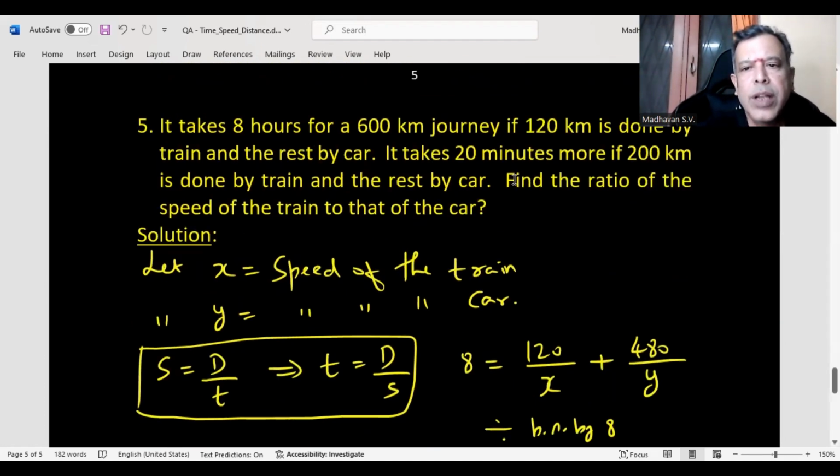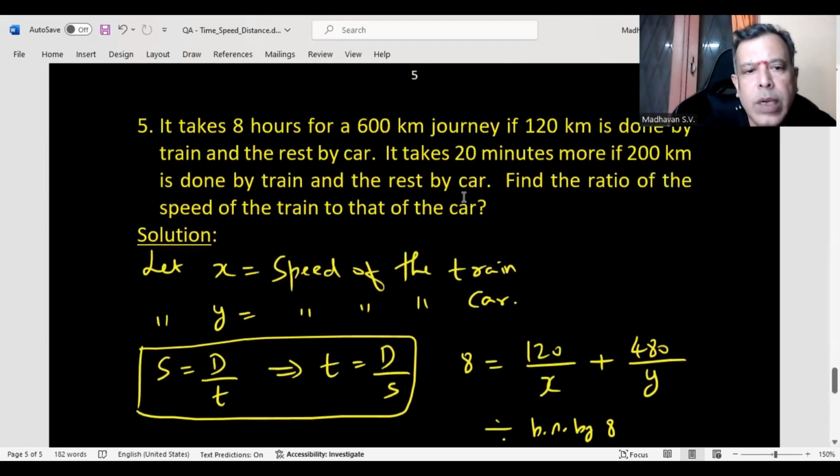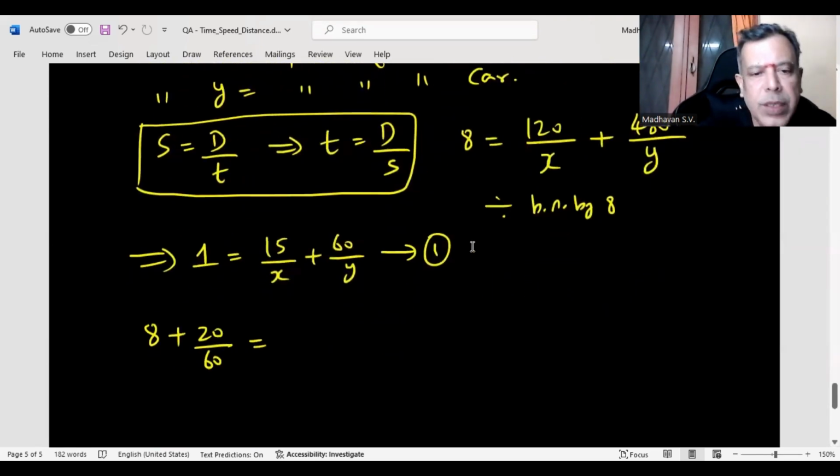Similarly, it takes 20 minutes more, which means 8 hours plus 20 minutes. We'll have to convert it into hours. 20 by 60 is added, and 200 kilometers done by the train means 200 by x, plus the balance, that is 600 minus 200, 400 by y.